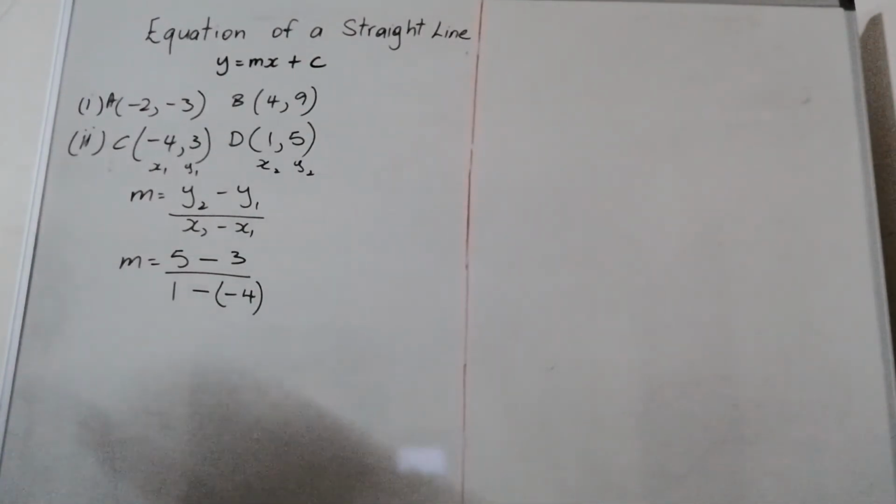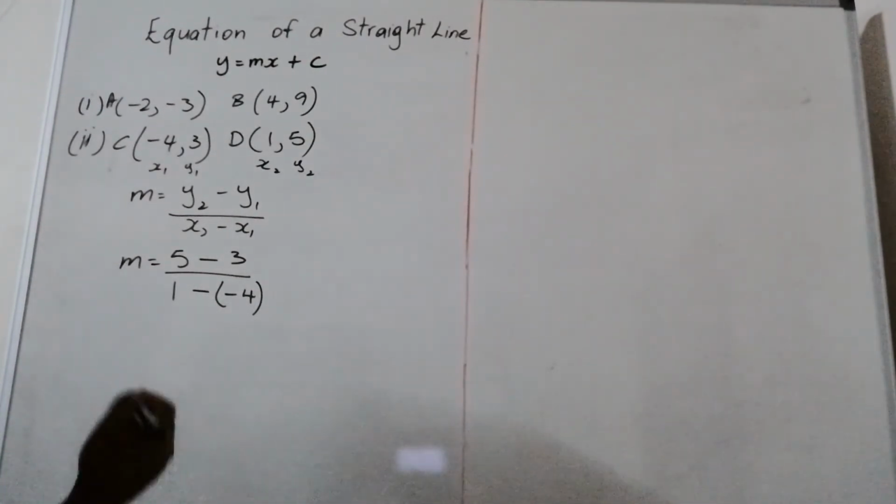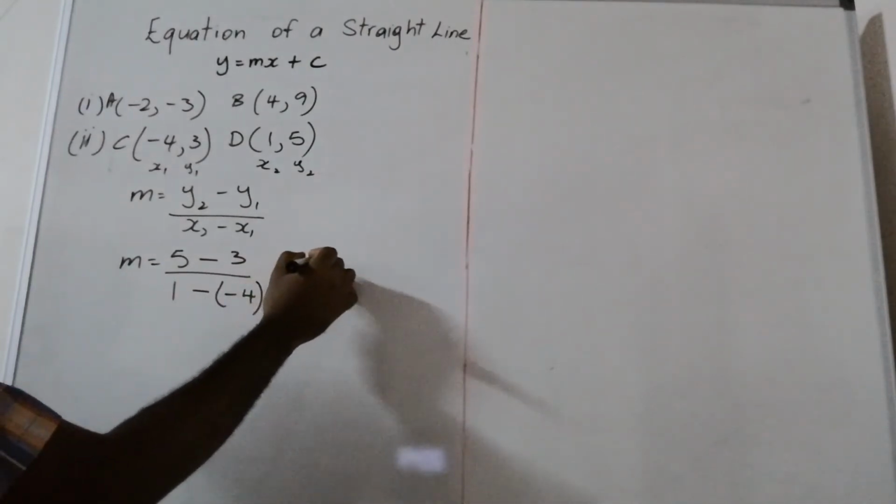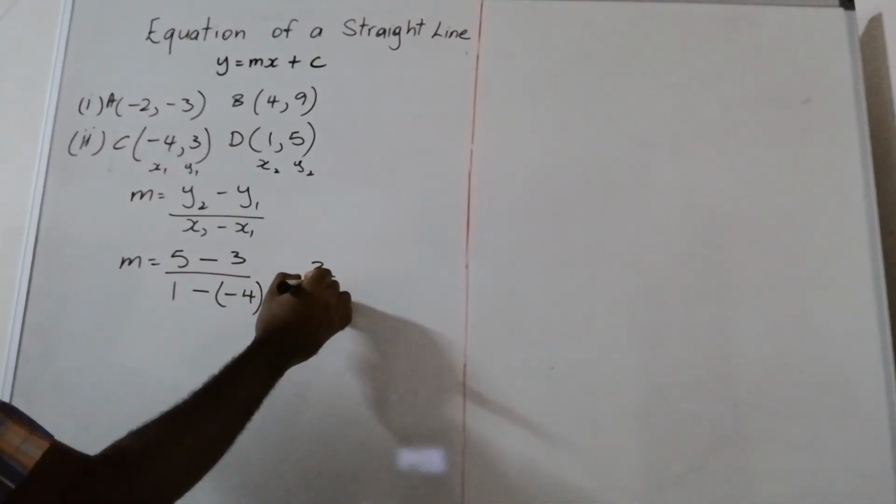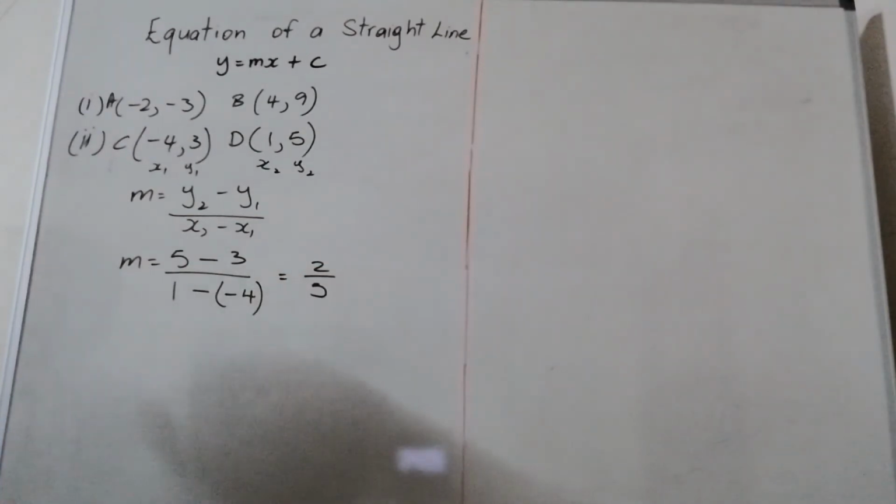So here we will have our gradient as 2 over 5. 2 over 5 as our gradient.